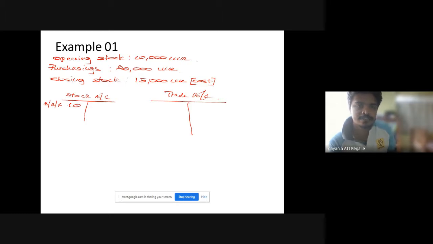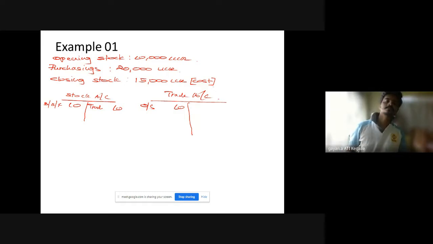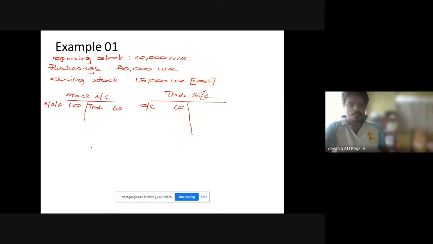At the beginning, we need to transfer this to the trade account. Stock account debit as trade account. Then trade account debit opening stock. Now no balance. Then within this period, we have processed purchasings.